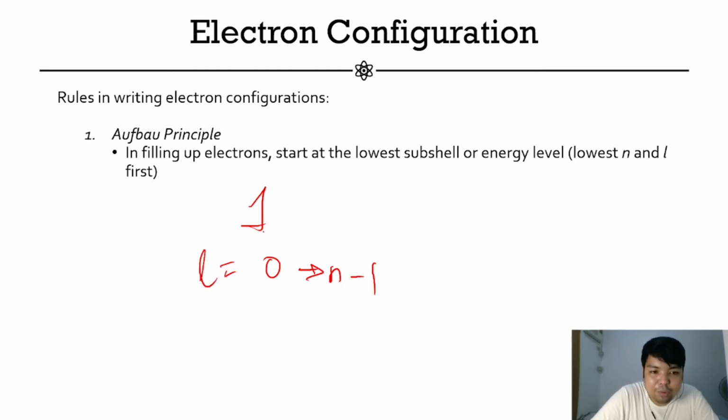L can have values from 0 to n minus 1, and since our principal quantum number, n, is 1, it can only have one value, which is l equals 0. And that is our s orbital. So the first orbital that will be occupied when we're writing the electron configuration according to the Aufbau principle will be the 1s.